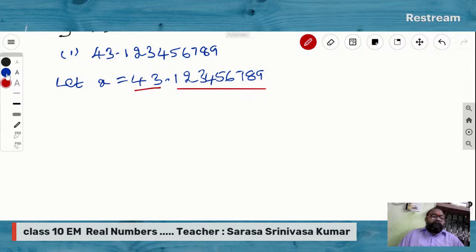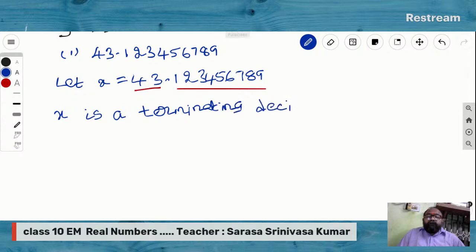So now we write, x is a terminating decimal number. Hence it is a rational number.